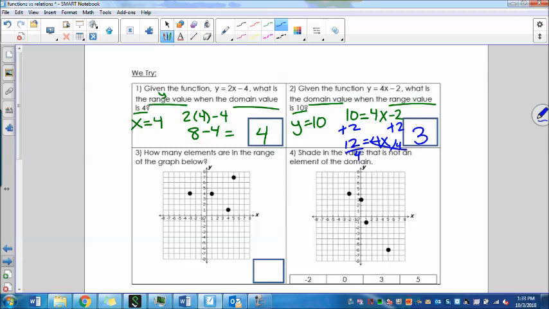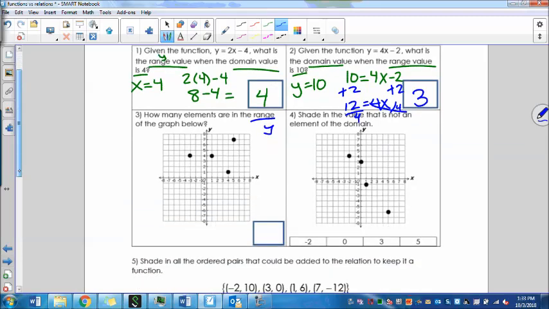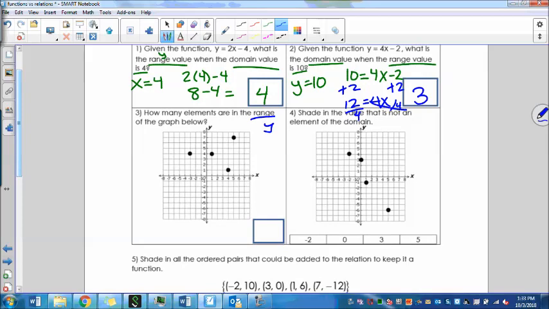Okay, number 3. How many elements are in the range of the graph below? So the range is y value, right? So we want to look at these points and see what our y values are. So our first point's at -3, 4. Our second point's at 1, 4. My third point is at 4, 1.